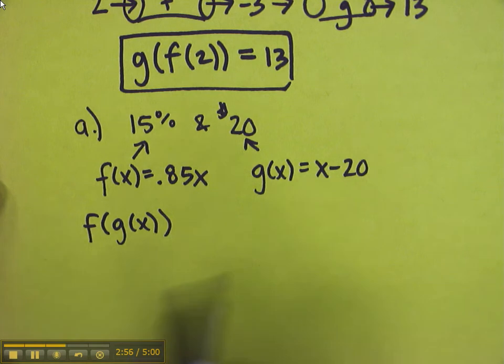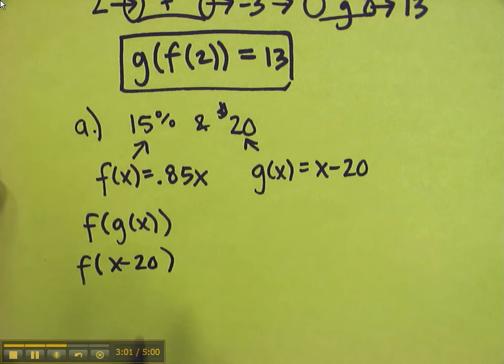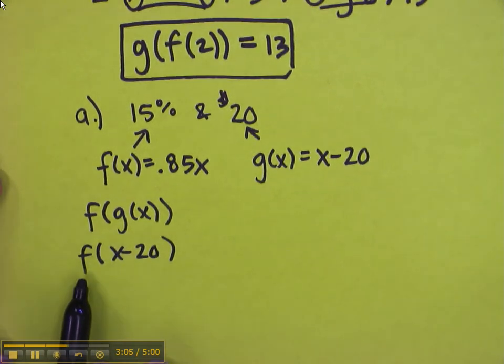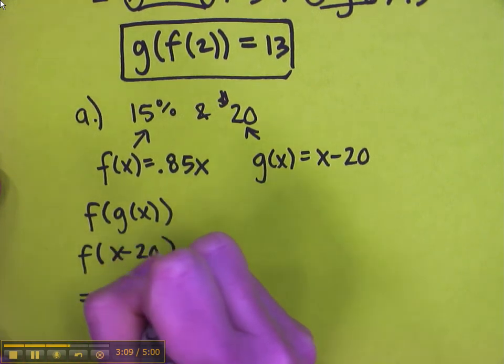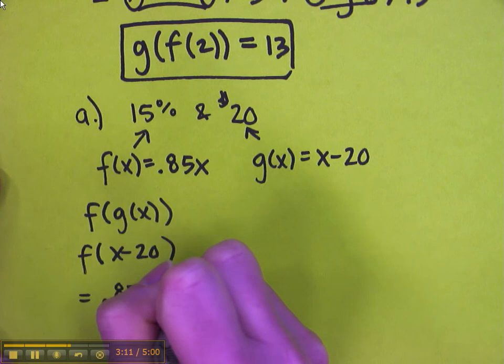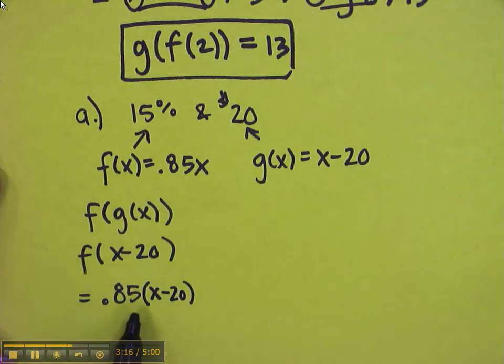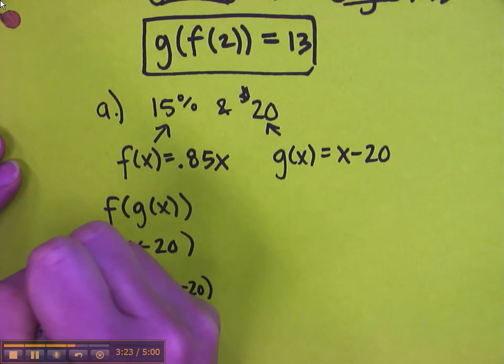So I would say f of x minus 20. I'm substituting what g of x is equal to. And then function f tells us to take 85% of whatever's in the parentheses. So 0.85 times x minus 20. Recall, this is the equation we came up with in class for doing the $20 off first and then the 15% discount. So this would be f of g of x.